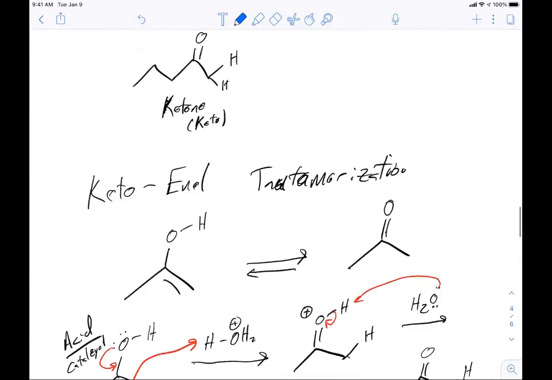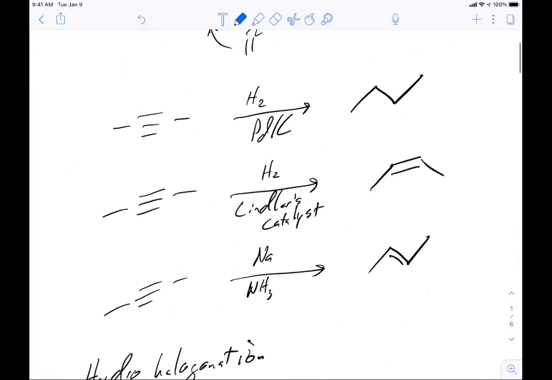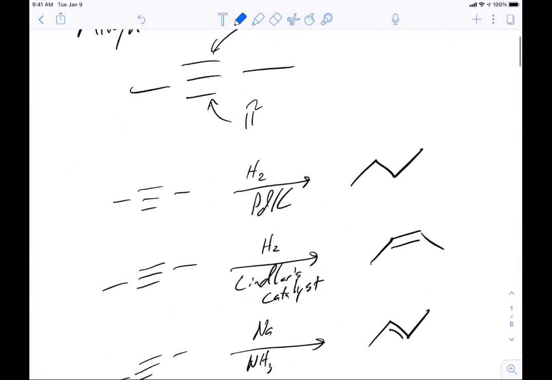All right. So if we look at the reactions we've gone through today, hydrogen and palladium gives you almost the same reaction as the alkene.